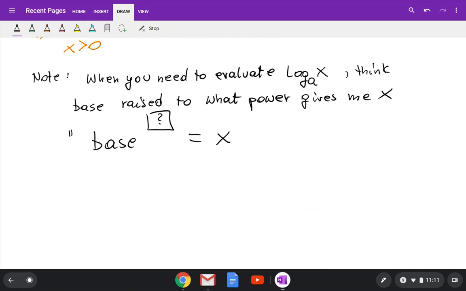Okay, let's do the examples. Here what we're going to focus on is examples where we change an exponential statement to a logarithmic statement.